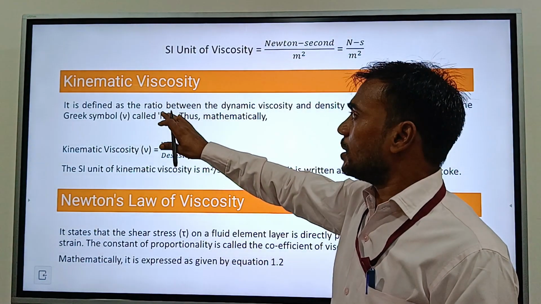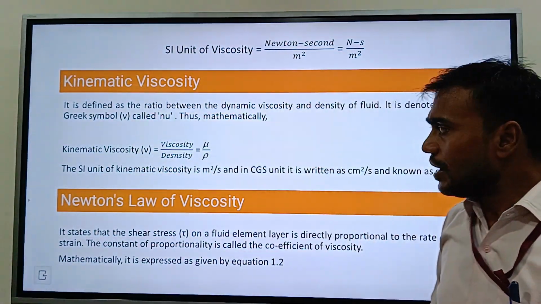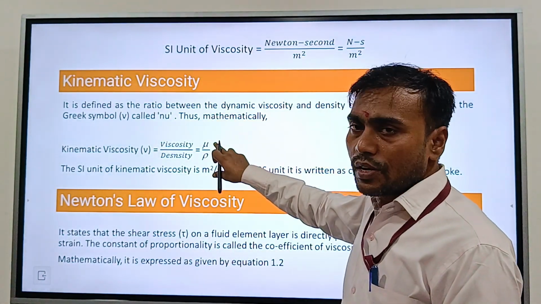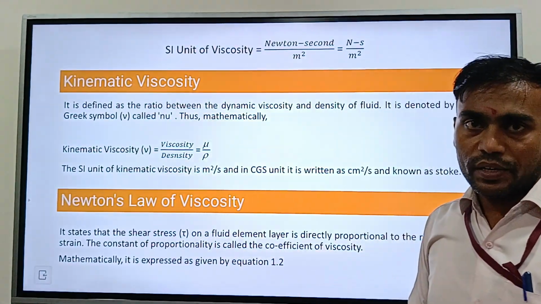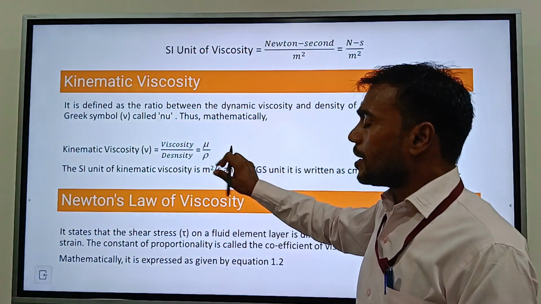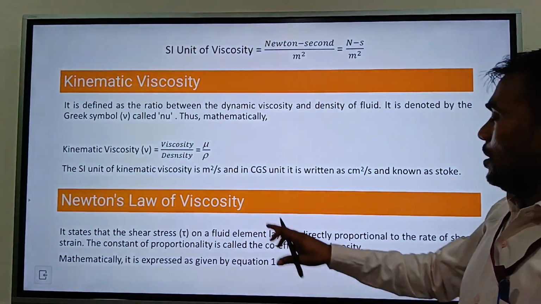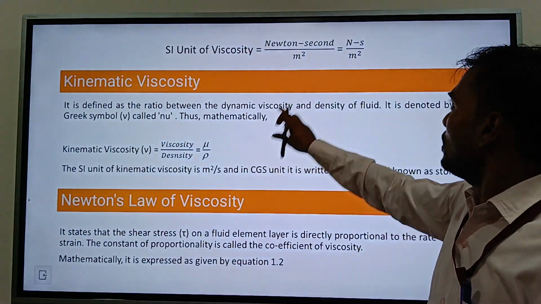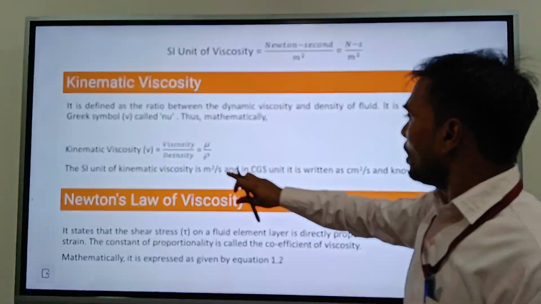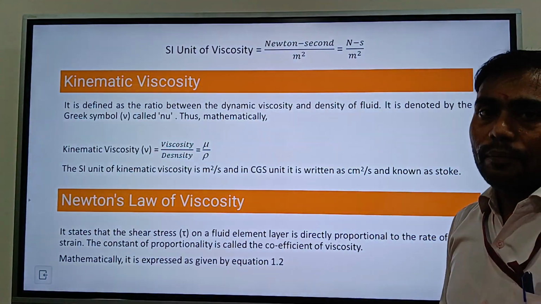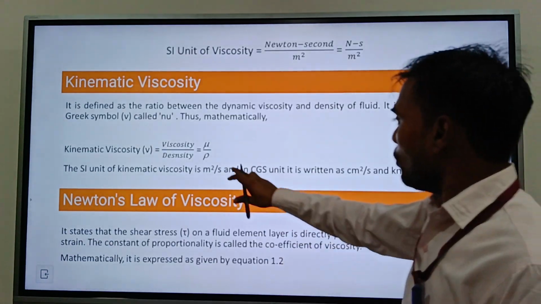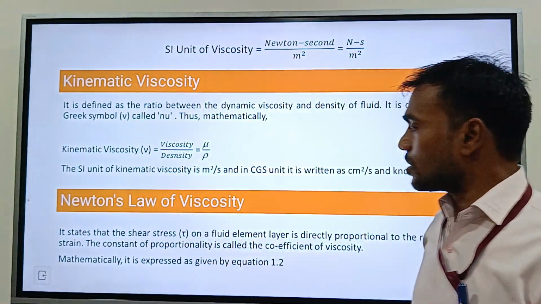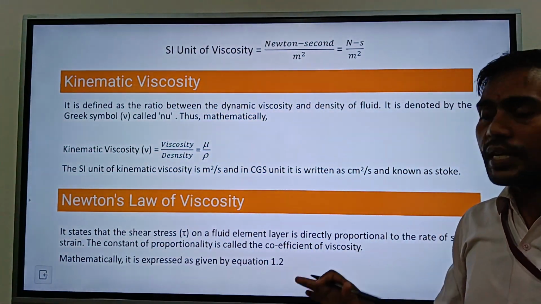Similarly, another term, the kinematic viscosity, can be defined as the ratio of dynamic viscosity divided by the density of that fluid. Okay, so what will be the unit of kinematic viscosity? Put in the value of mu, the coefficient of viscosity, Newton second divided by meter square, and density means mass upon volume. If we put in the values of these two parameters, the final unit of kinematic viscosity will be meter square per second.